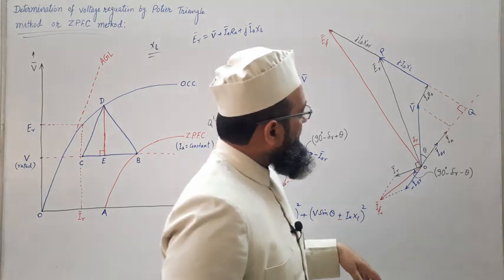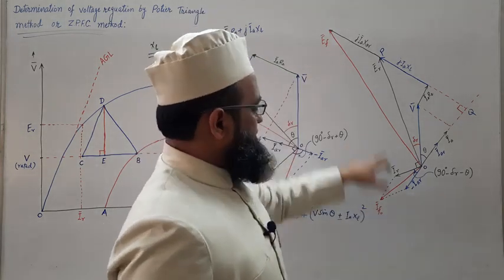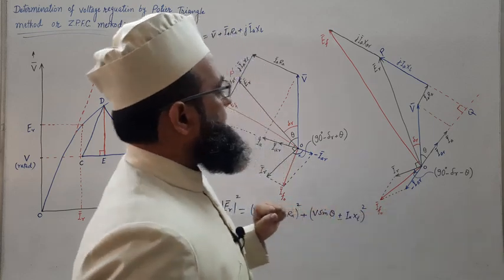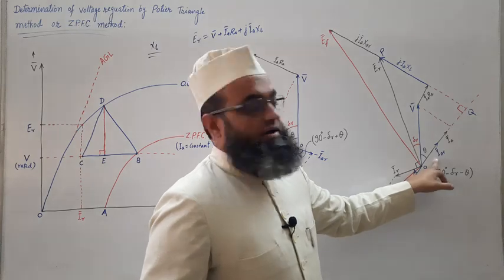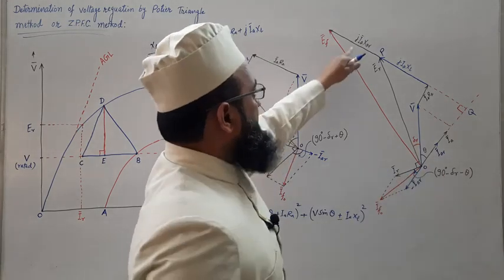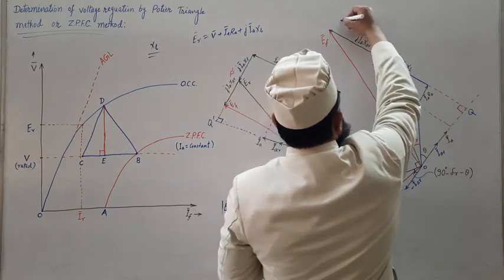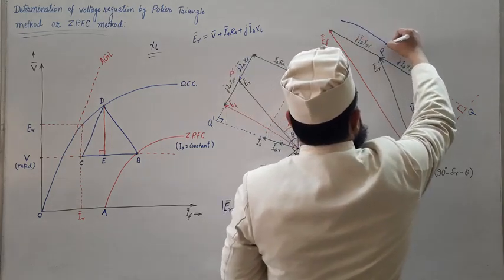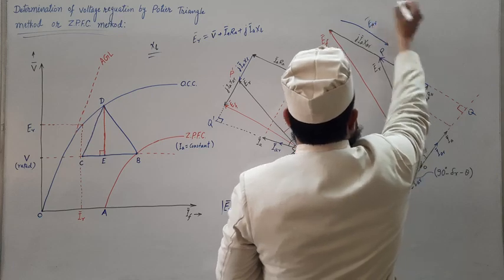Similarly, this If leads Ef by 90 degree, and this IaR leads EaR. EaR is minus j times IaXL. If you want to write here, then you may write like this phasor as EaR.